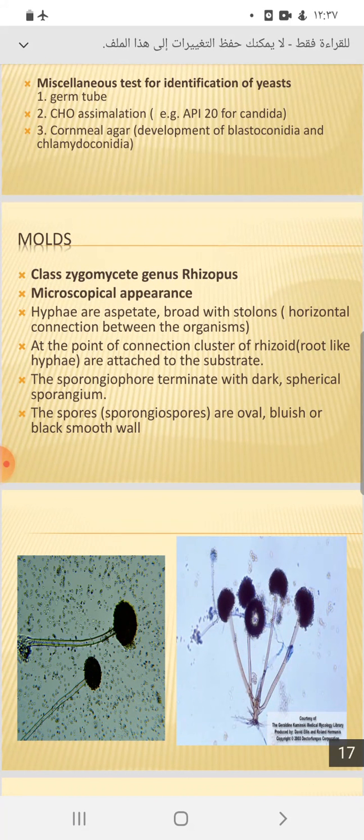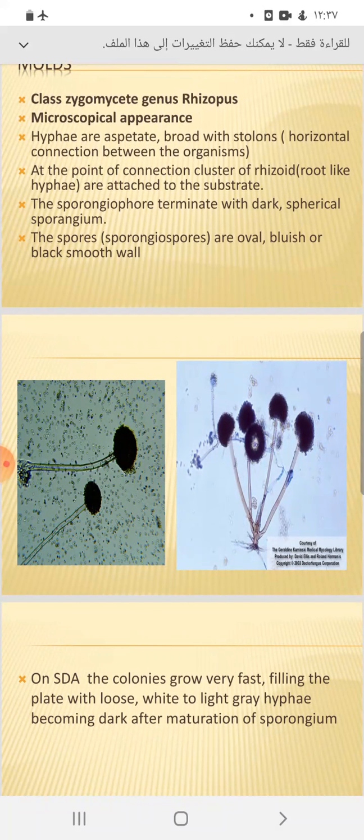Today we are going to discuss the molds, and we are going to take the first class, which is Zygomycete. We will have an example for this class, which is genus Rhizopus. For the microscopical appearance, this slide shows genus Rhizopus.